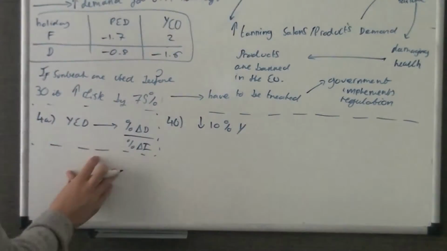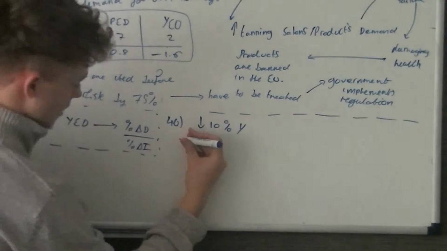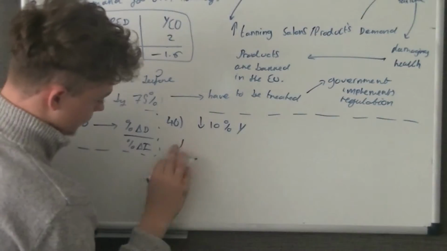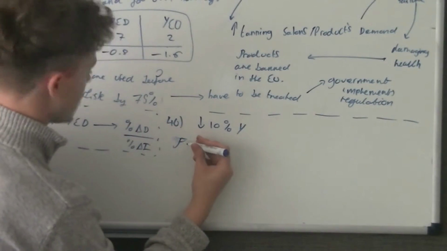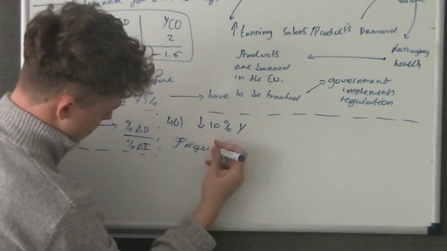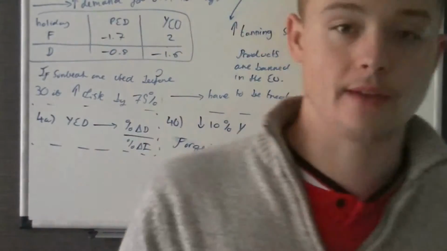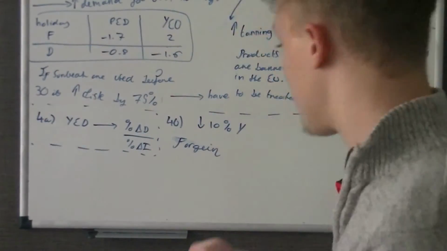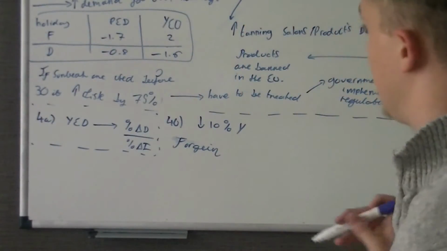So if we use this formula YED, let's go for the foreign holidays first. What we need to say is what the figure means and what impacts it has if income falls. It's not comment on the business relevance, which is quite difficult. It's quite a simple one.